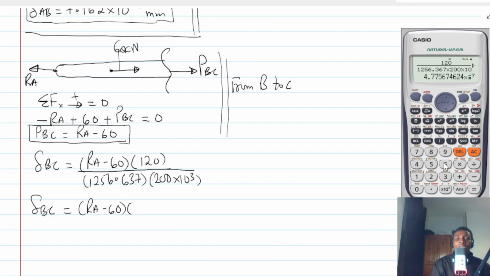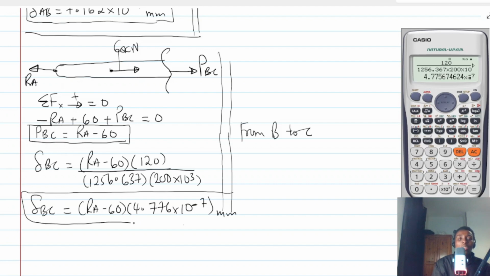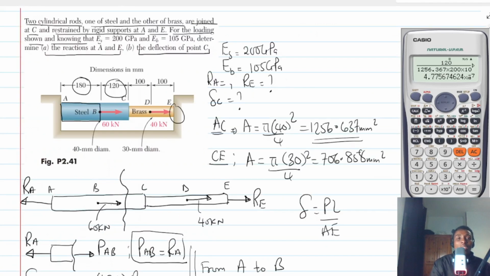So we have 4.776 times 10 raised to the power minus 7. All right, so from B to C, this is what we are getting. In terms of millimeters, don't forget that the answer is in millimeters. So we have done AB, we have done BC.